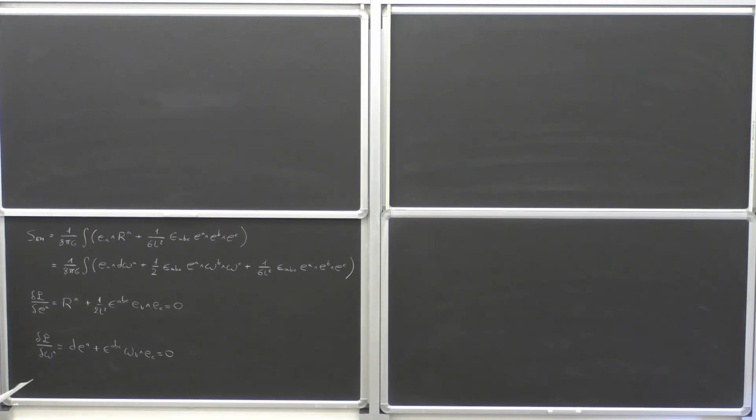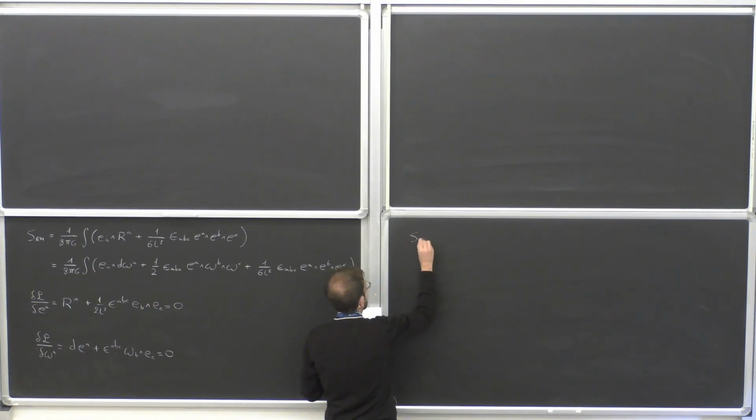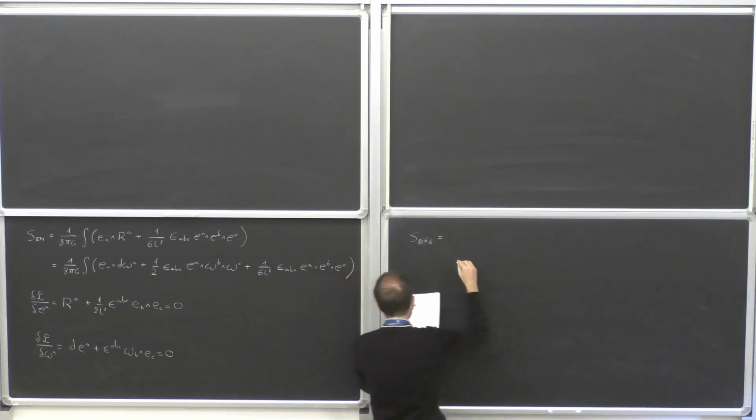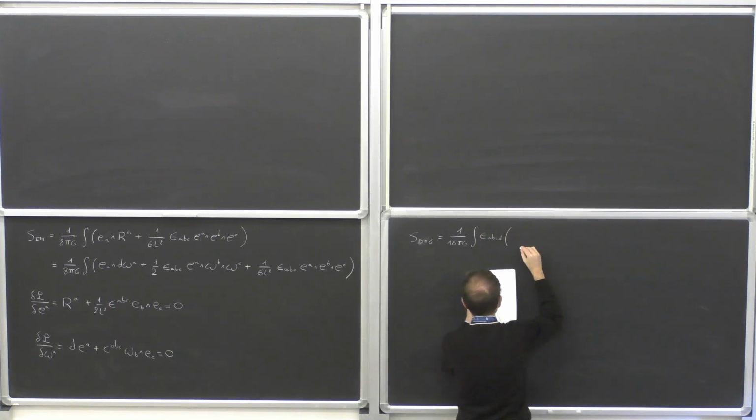Okay, but why did I redo this? Because I wish to make a comparison with what happens in 4 dimensions. In 4 dimensions, the action has a similar form, but here I cannot dualize, so I have to keep this term outside.